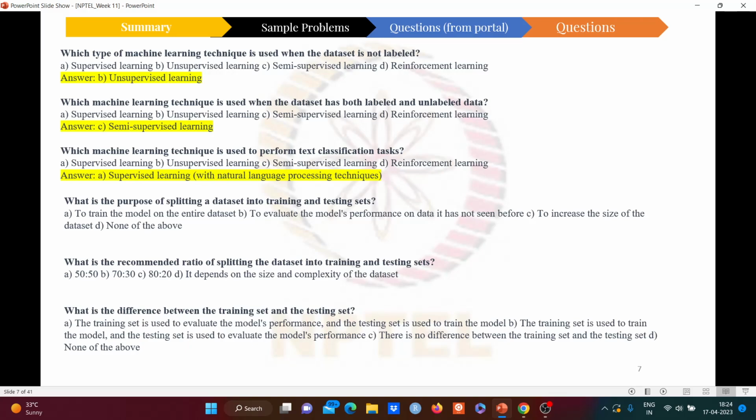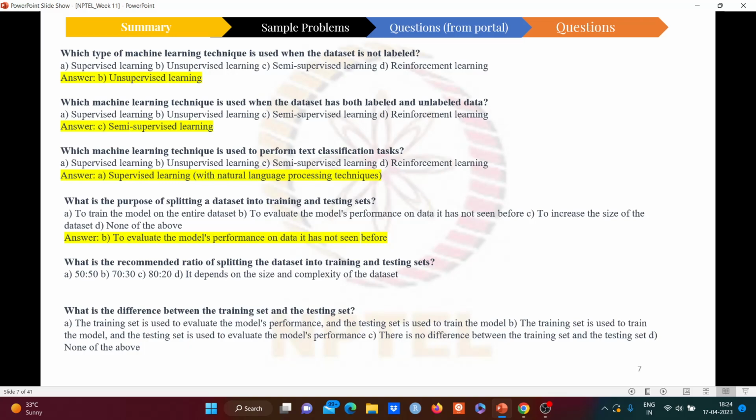This question states why we have to do this train test split, because we want to evaluate the model's performance on data that it has not seen before. This will help us to understand whether our model is generalized or applicable in general or not.